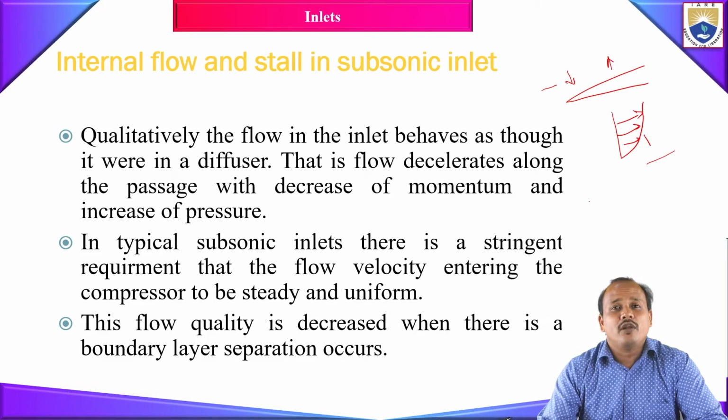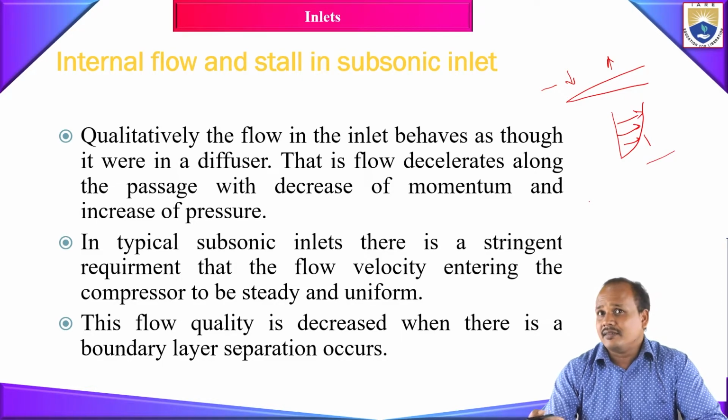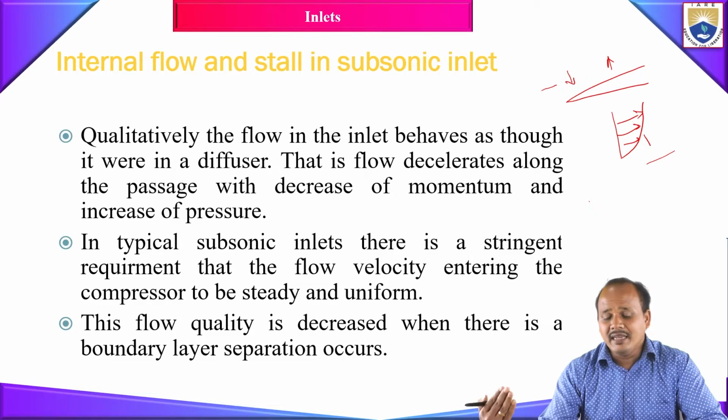In nature, your flow will always move from high pressure to low pressure. But here, at the inlet, my pressure is less. As it moves downstream, my pressure is getting increased. So that means your flow has to move against this high pressure. If the momentum of your flow is continuously reduced, at a certain point the momentum becomes zero. And what will happen is that your flow will start moving in the reverse direction.